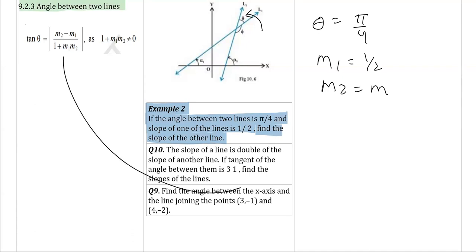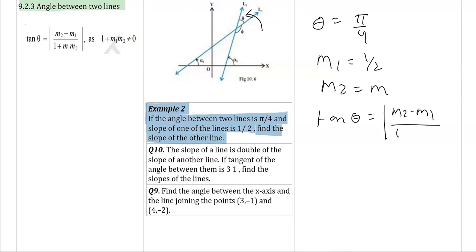Now we can apply this relation here to get the value of m2, or say m. So we'll be writing tan theta is equal to whole modulus of m2 minus m1, divided by 1 plus m1 into m2.